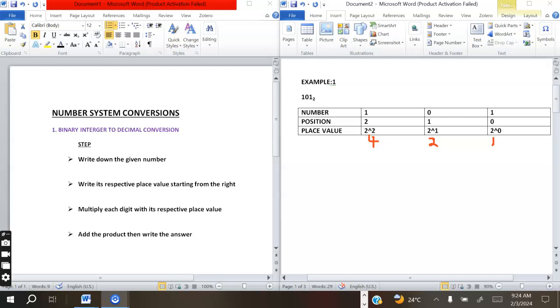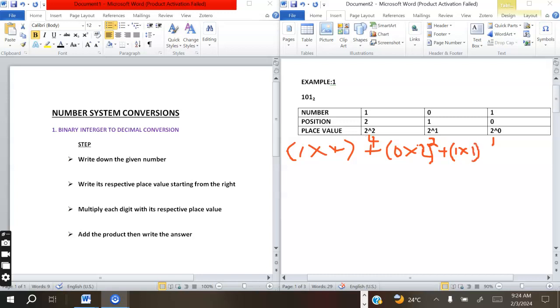So we have the number 1 multiplied by 4, plus the other number, 0 multiplied by 2, plus the other number, 1 multiplied by 1.